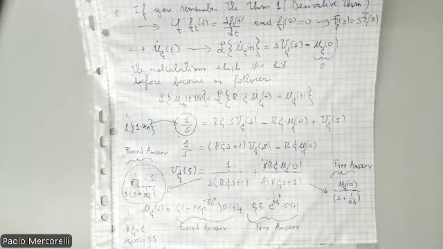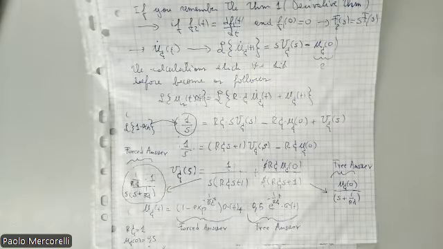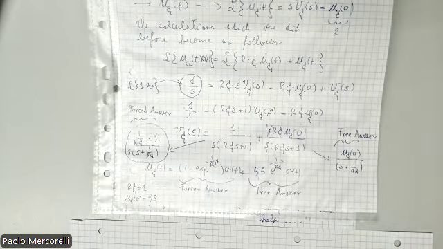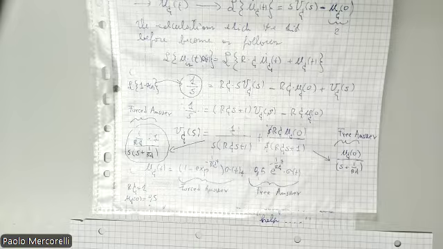But typically we use just the forced answer, at least in automation, because automation is not exactly control systems very often. What is important for us is what happens independently of the initial condition, independently of the free answer.